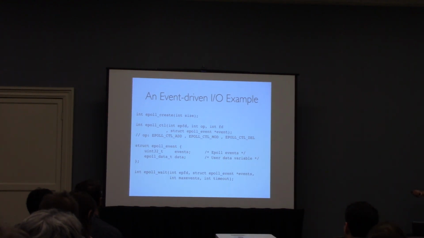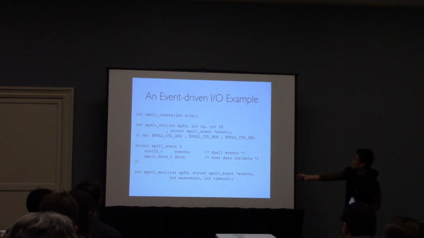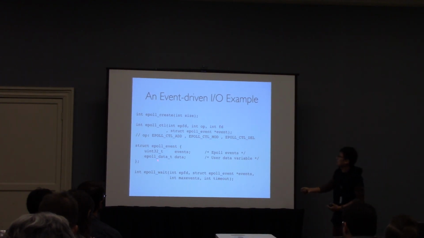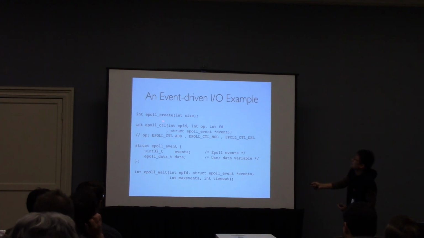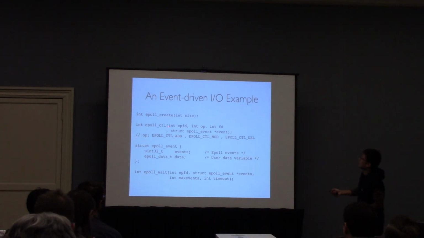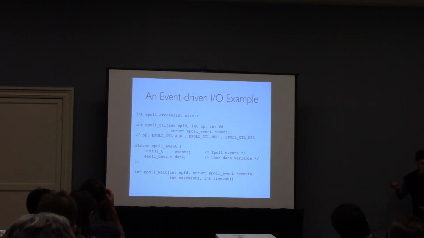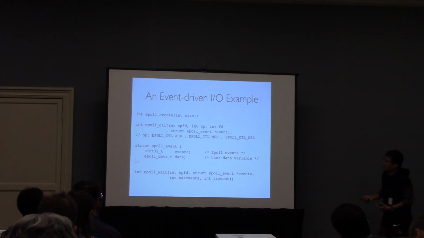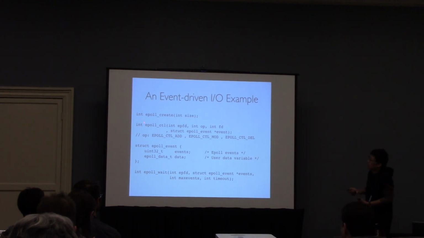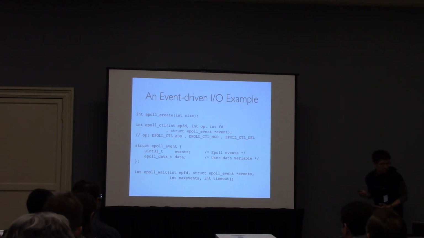And here is the definition of the event struct. After you add your normal file descriptors, now you can wait on the epoll file descriptor. You cannot directly wait on the file descriptor; you have to wait on the first created epoll file descriptor. This function, epoll_wait, will wait until there are events that happened on all the file descriptors you added to the epoll file descriptor, or the timeout is reached.